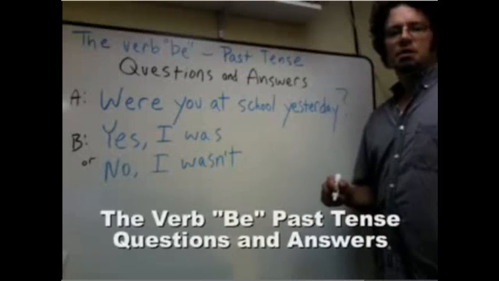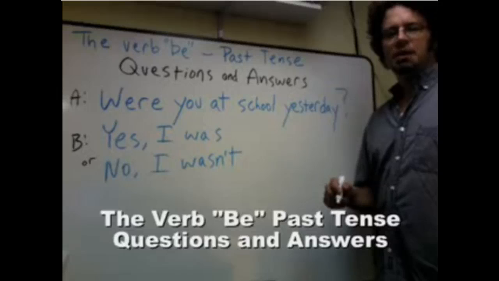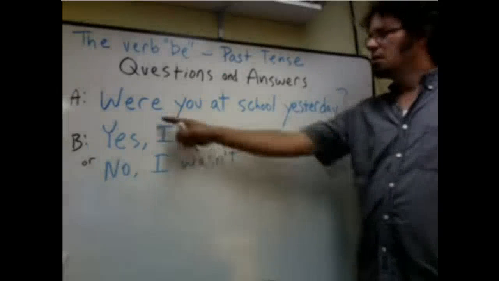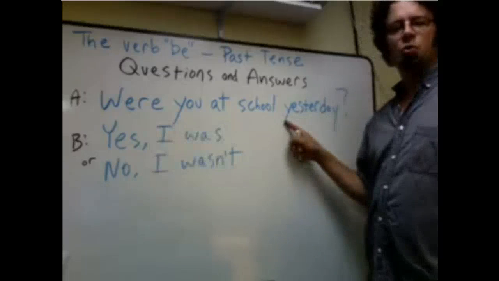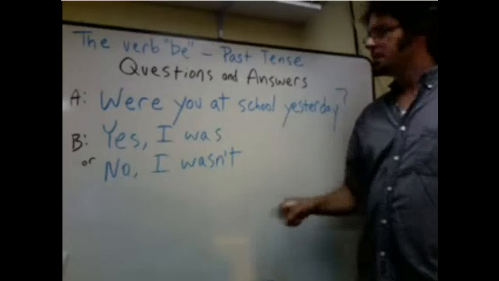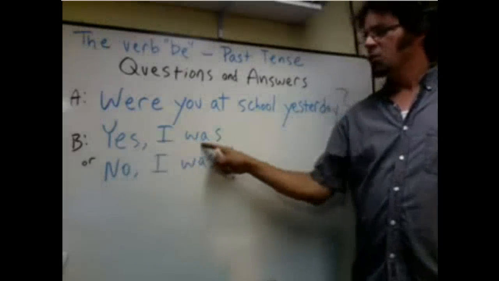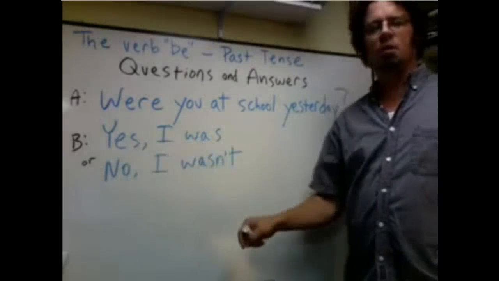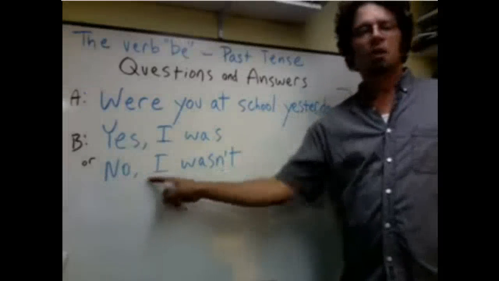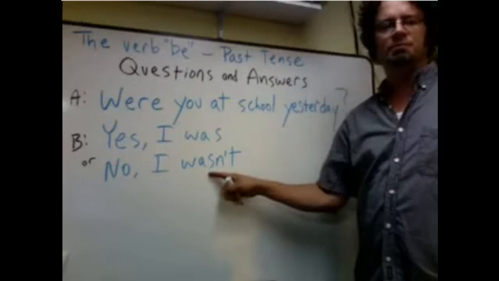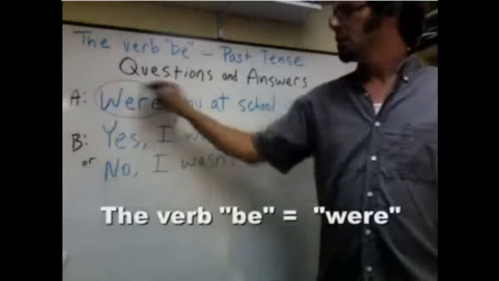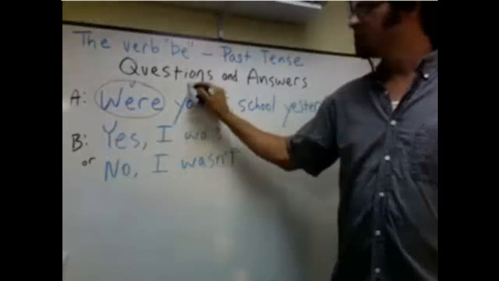The verb be, past tense questions and answers. Question: were you at school yesterday? Answer: yes, I was. Or the negative answer is no, I wasn't. Here's the verb be, and then the subject, you.